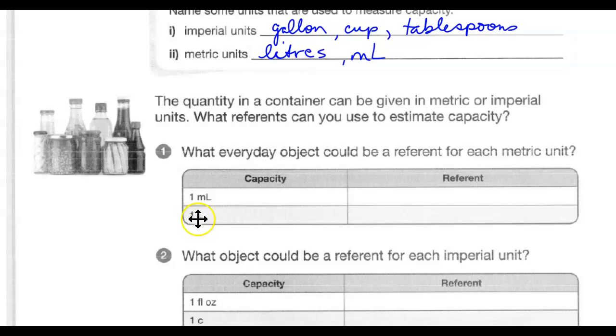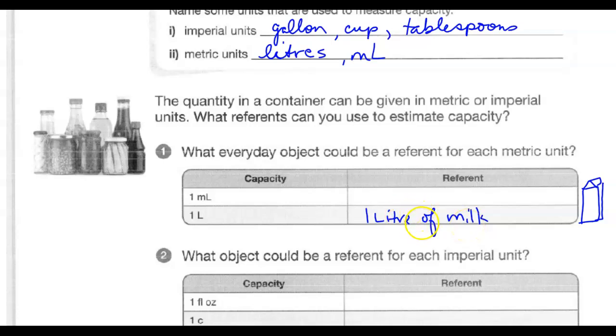So I'm going to go with a liter first because that's the easiest. So 1 liter of milk. So that's the tall, skinny carton of milk, right? The bigger one is 2 liter, and then of course there's smaller ones, but that's the most common, 1 liter of milk.